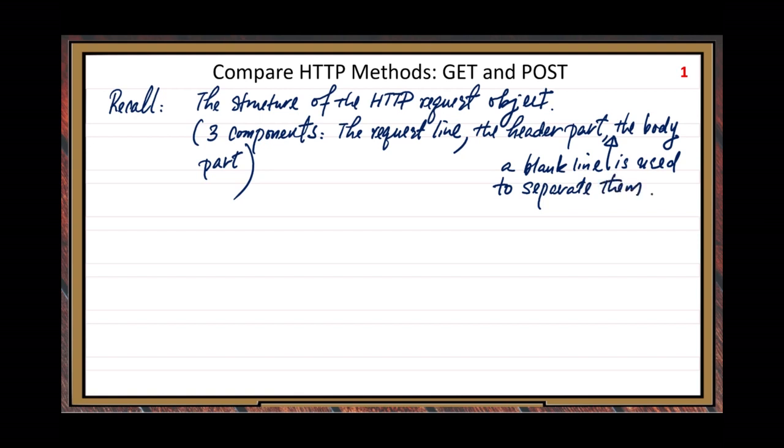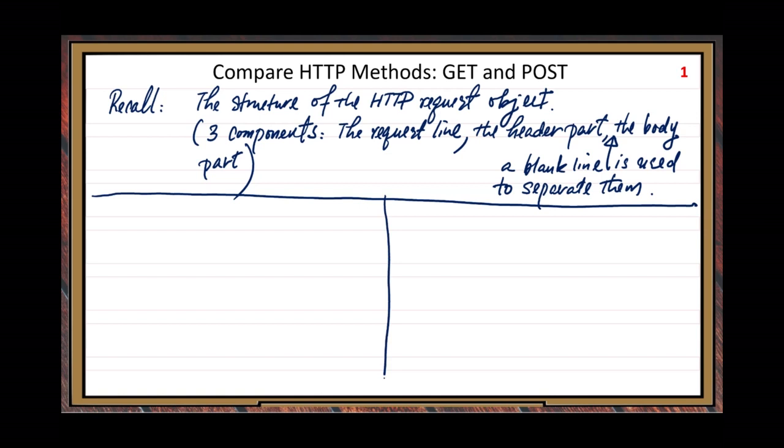All right, so let's recall. Based on that, now let's do comparisons. I hope I have enough space to do comparisons between these two methods. Here, this one we call the get method.